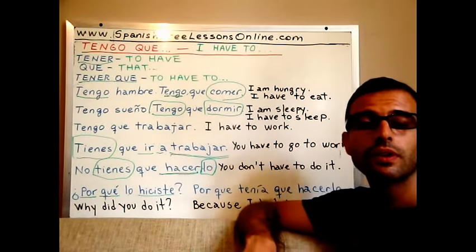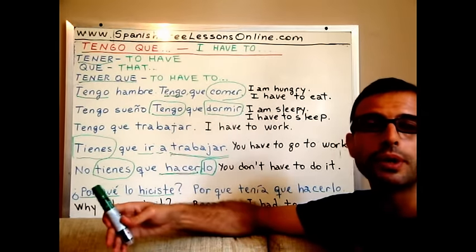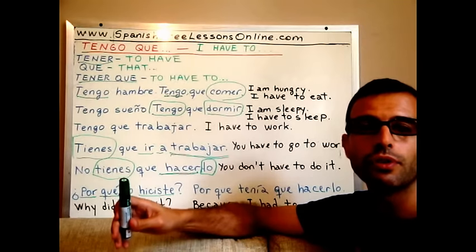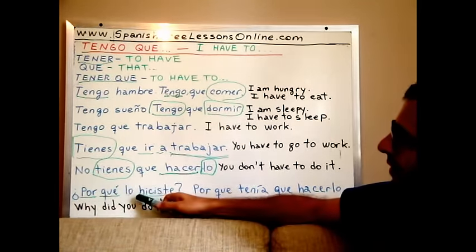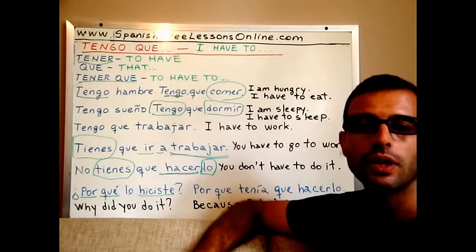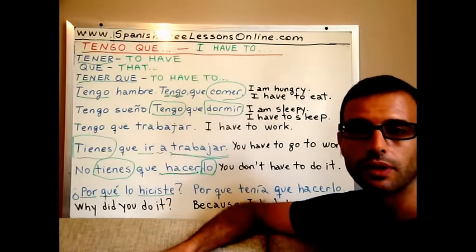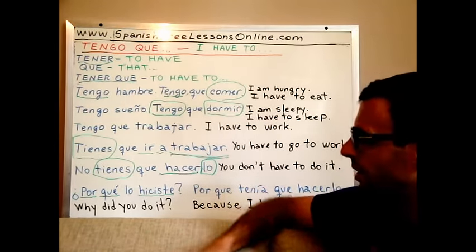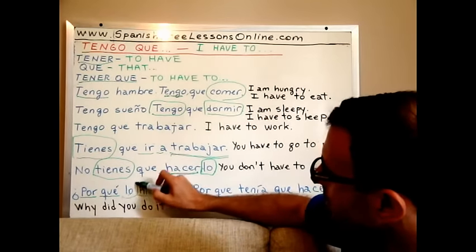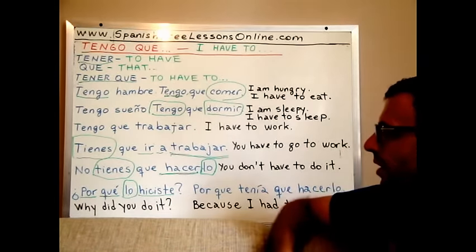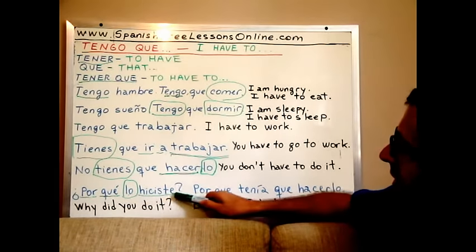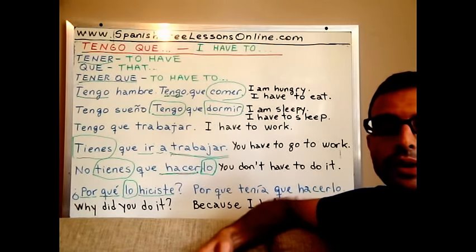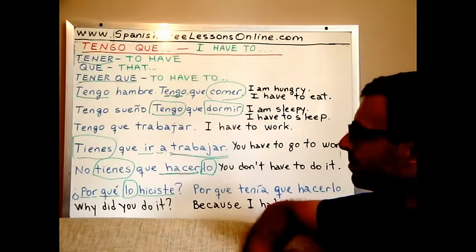Hiciste means to do, but in past tense for the second person of the singular. That means for you, tú. So hiciste means you did it, right? Or you did. Here, this would be the it. So, why it you did? Or why do you do it? Right?